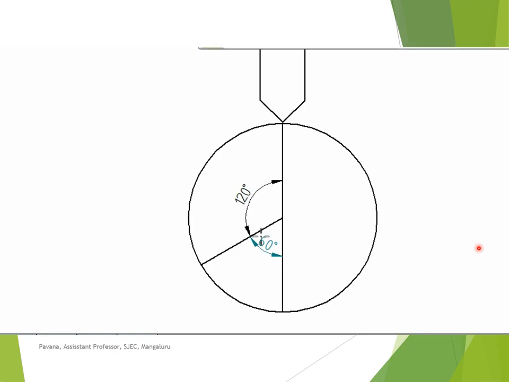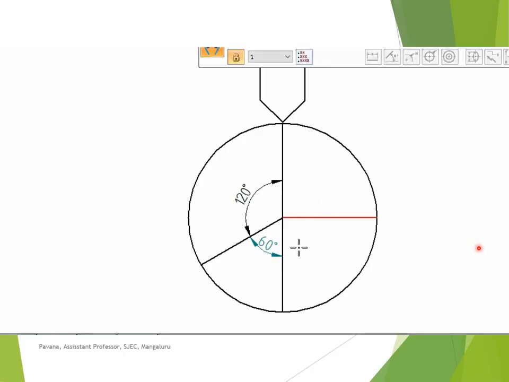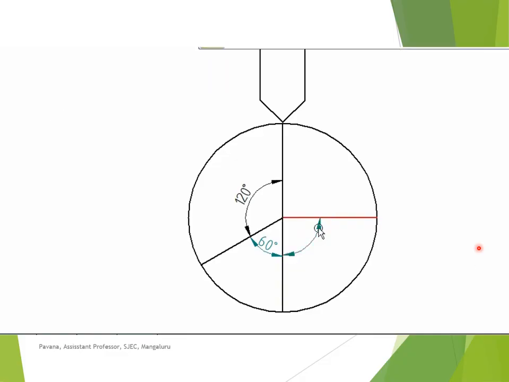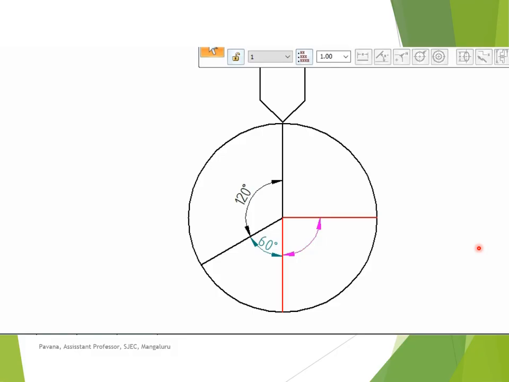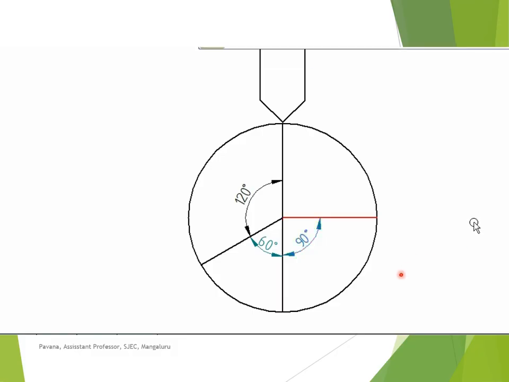The follower is returning to the starting position as given in the question. So mark that 90 degree. After dividing this into different angles, we will go to each section.